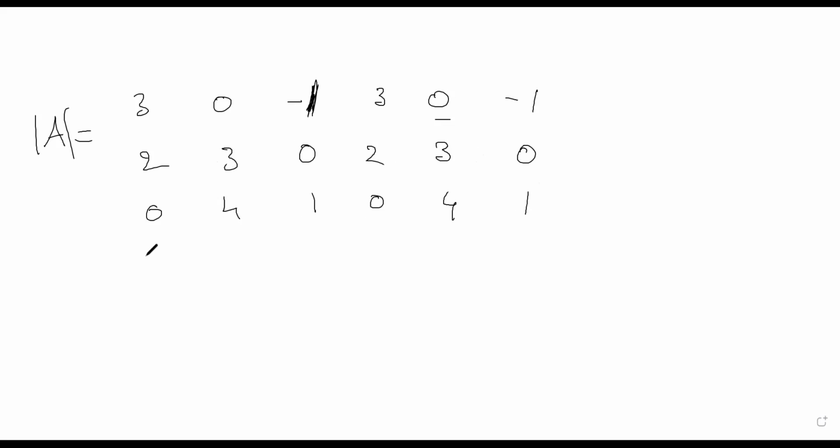And again 3, 0, 3, 0, minus 1, 2, 3, 0, 0, 4, 1. And next is 0, 4, 1. Next, 3, 3, 0, 0, minus 1. And again make a copy once again. 3, 0, minus 1.